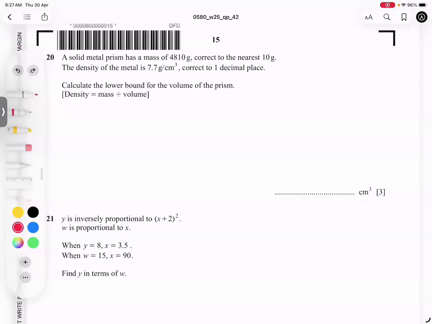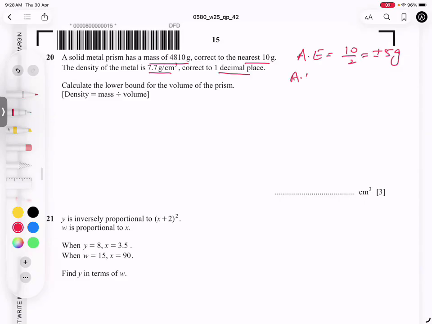Question number 20, students, we have mass is 4810, nearest 10 kilograms, correct to 2. It means absolute error is 10 divided by 2, plus and minus 5 kilograms, sorry, grams. But density he has given to 1 dp.